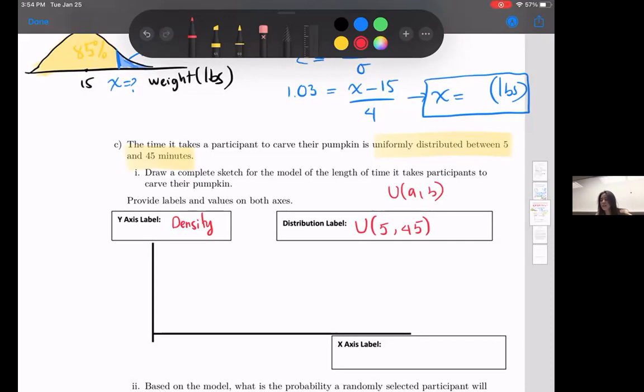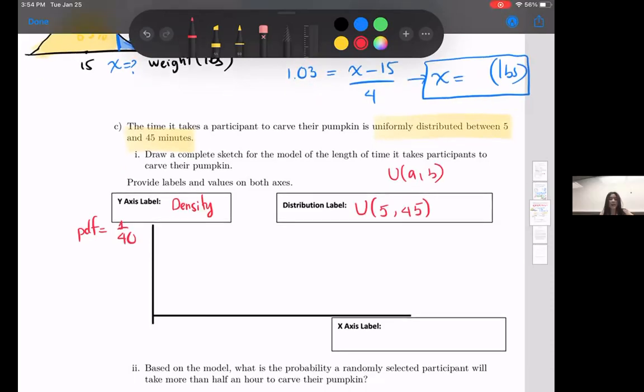What's the probability density function, PDF? Yeah, PDF, or the height. 1 over B minus A, so 1 over 40. What's the axis label? Time. And make sure you put the unit in minutes, right? Minutes. Okay, good.